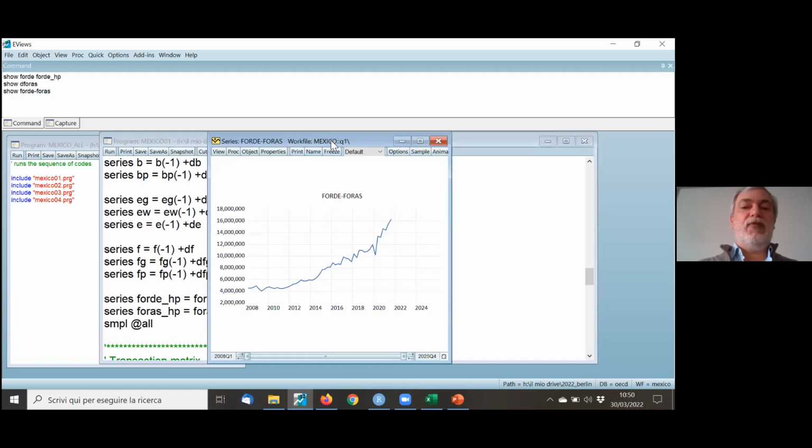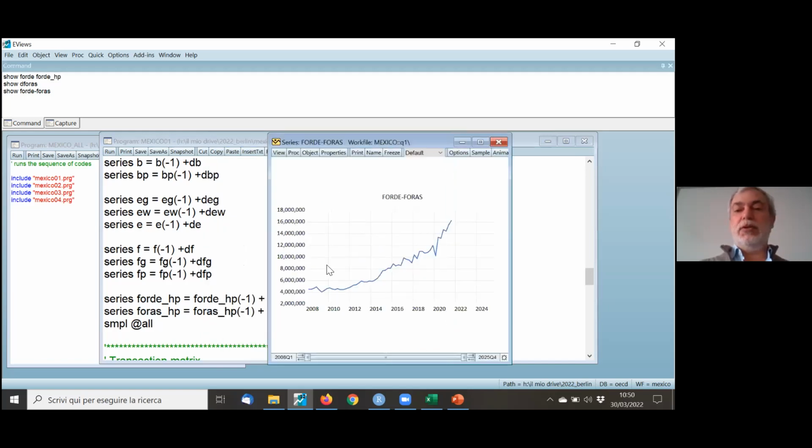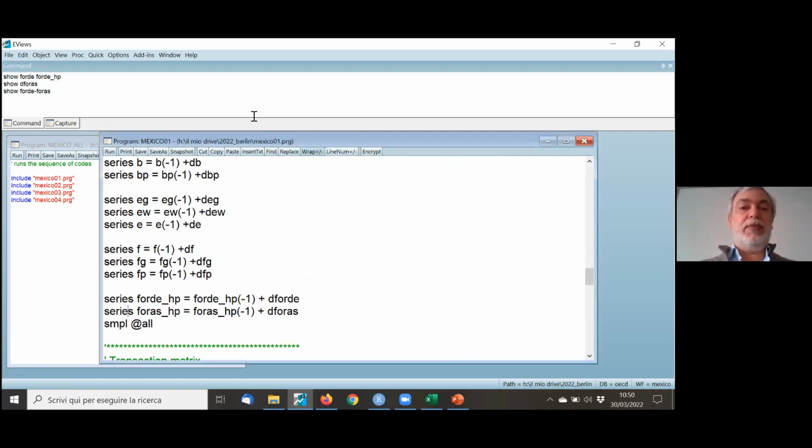So these are the figures published for the debt of Mexico less the assets of Mexico. And it should be comparable to what we called VW.